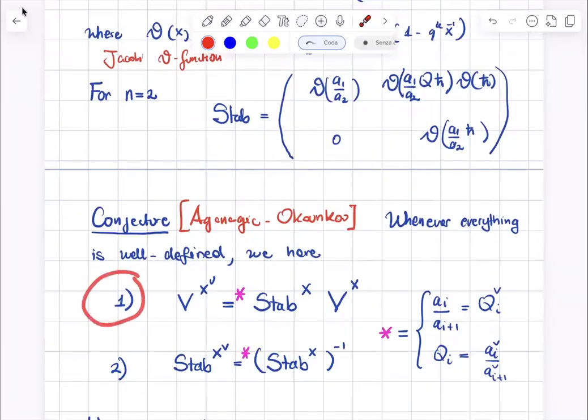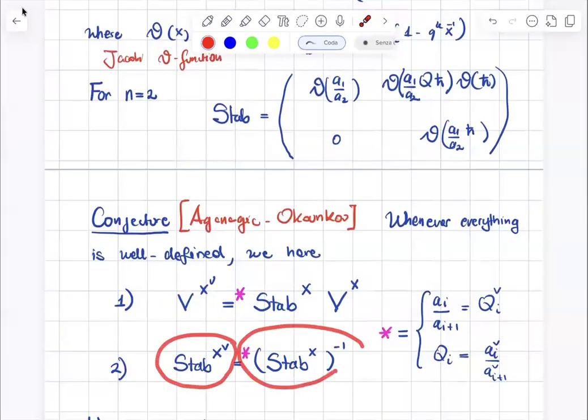The first one is that the counts on the dual sides are related by this transition matrix, which is realized as an elliptic stable envelope. And the second statement is that the stable envelopes themselves of dual varieties, X and X dual, are the inverse of one another.